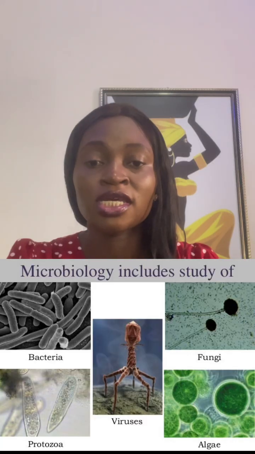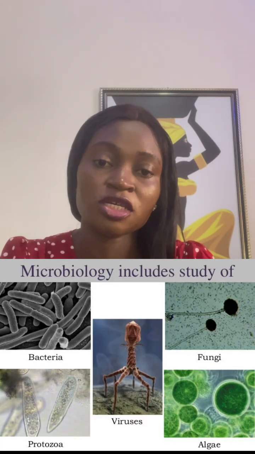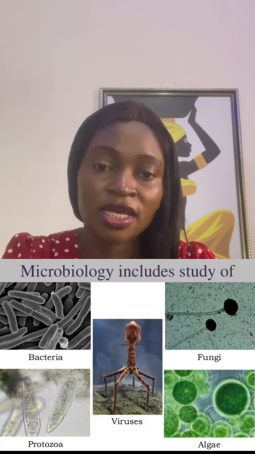I'm going to be talking about microorganisms around us today. So what are microorganisms? Microorganisms are tiny or minute organisms that cannot be seen with the naked eyes. So we require a microscope to view a microorganism.